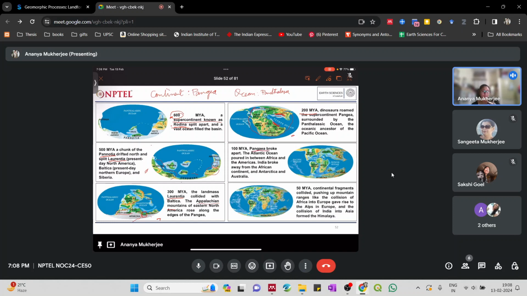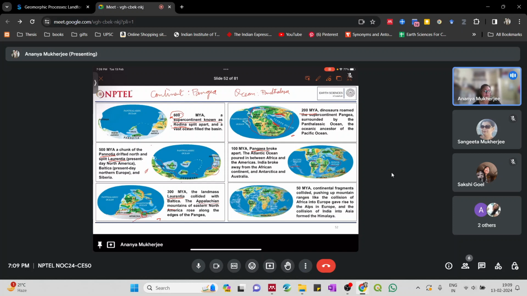And when Pangaea broke apart, the different oceans started forming. That's when you got your Pacific Ocean, your Atlantic Ocean was also forming, and the Tethys Ocean was present, but slowly as India moved northwards, the Tethys Ocean closed with the collision between India and Eurasia.